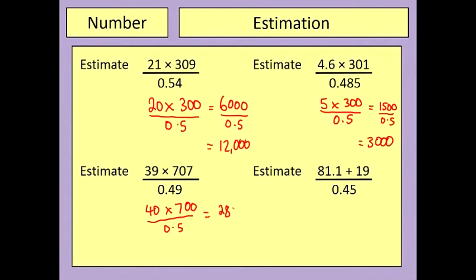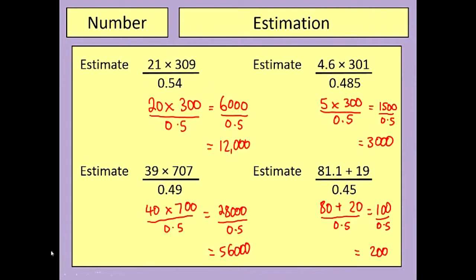Is 28, 3 zeros divided by 0.5, which is 56,000. And finally 80 plus 20 divided by 0.5 gives you 100 over 0.5, and double 100 is 200.